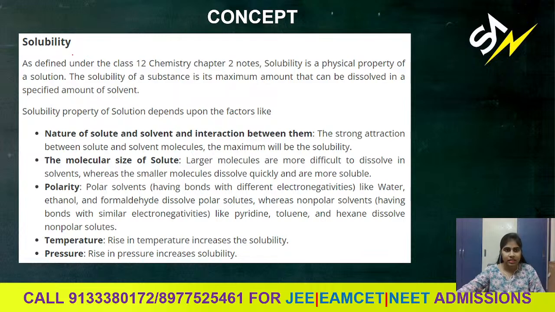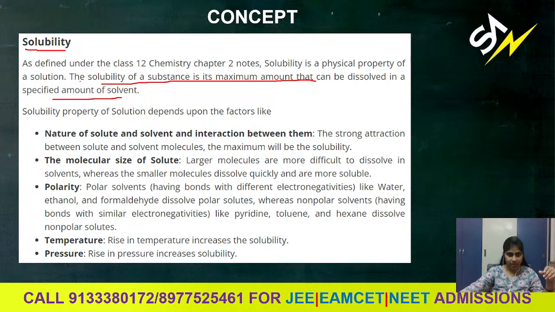And next, let us see what is meant by solubility. Solubility is mainly given by how much of a solute is dissolved in the solvent. The solubility of a substance is its maximum amount that can be dissolved in a specific amount of solvent.